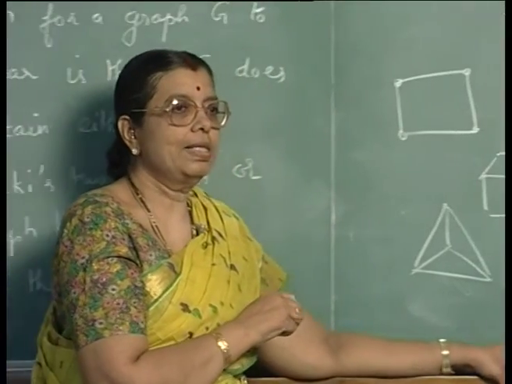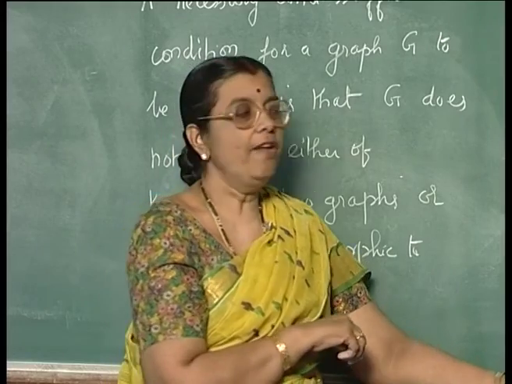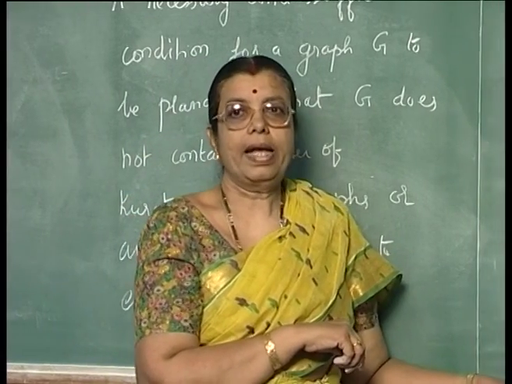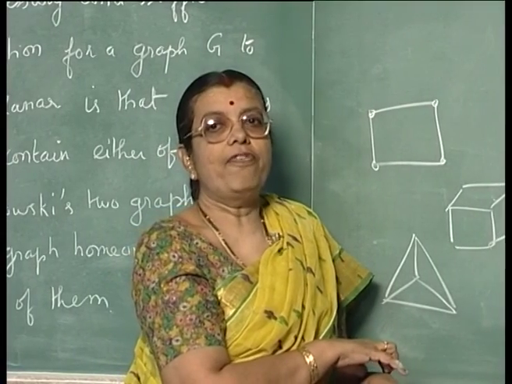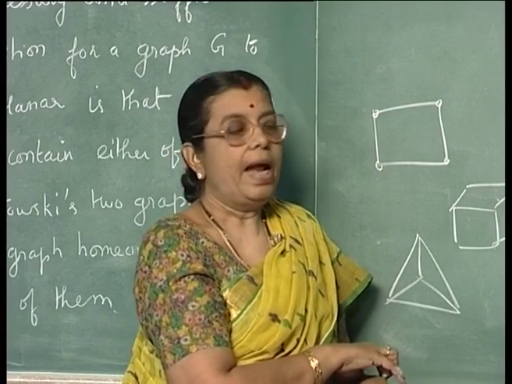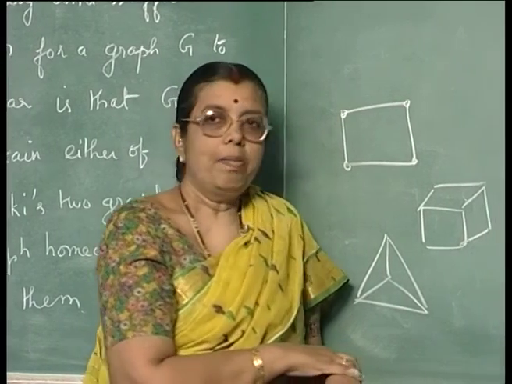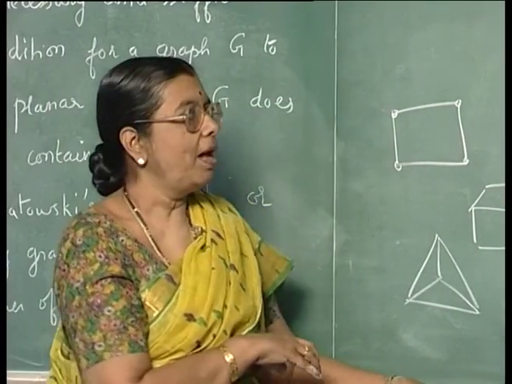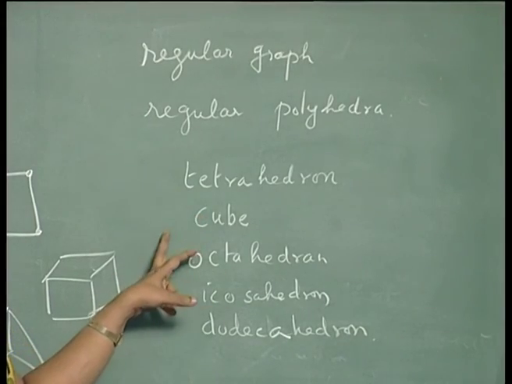And by this result about Euler's formula, you can show that there can be only 5 regular polyhedra. The Greeks in ancient times realized that there can be only 5 regular polyhedra, and that result is proved by Euler by making use of Euler's formula. The 5 regular polyhedra are these: tetrahedron, cube.